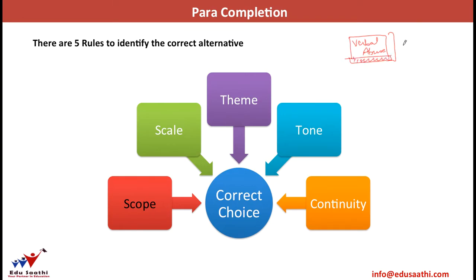Now, the scope of the passage is verbal abuse, and one of the alternatives directly starts with physical abuse. So that is an incorrect alternative, right?